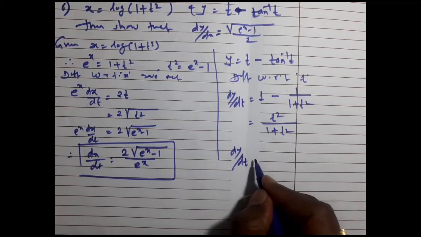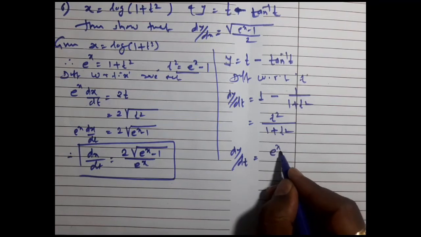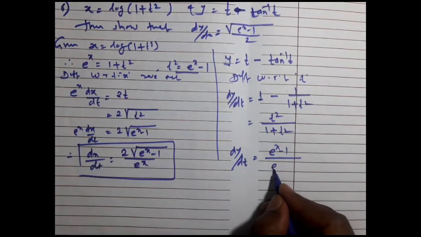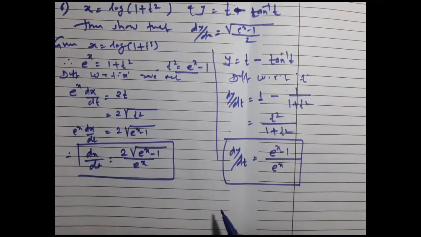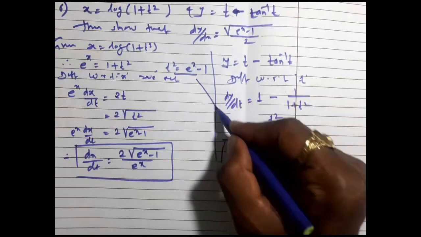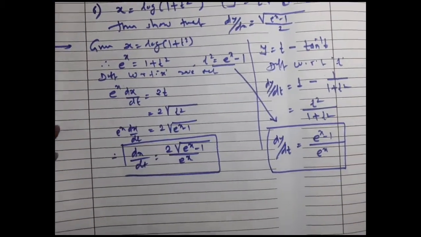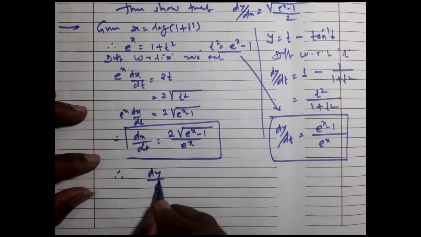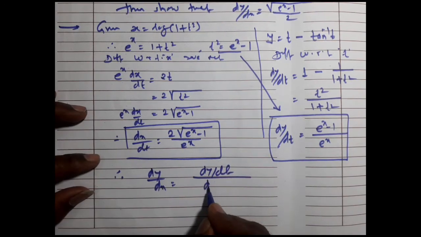Therefore, what is t square? T square is e raised to x minus 1, and 1 plus t square is e raised to x. Okay, so this is from this, and therefore dy by dx is dy by dt upon dx by dt.